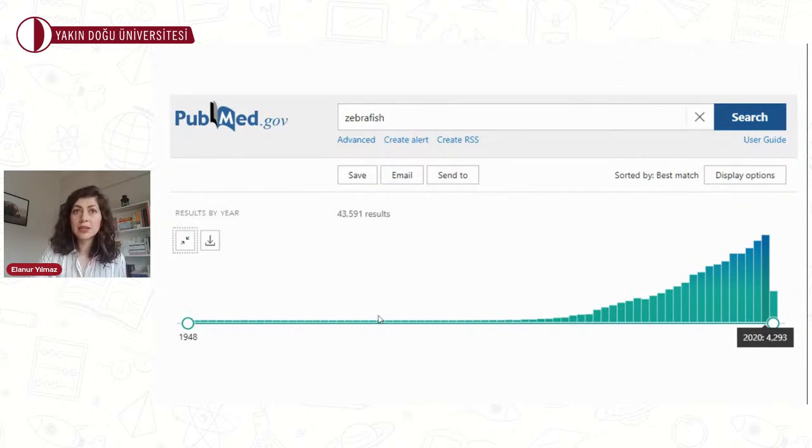In 2020, the year of COVID-19, besides COVID-19, more than 4,000 research papers were recorded in PubMed. And we are just in the fourth month of 2021, and approximately 1,500 articles have already been published. Yes, too many researchers are enthusiastic about zebrafish.